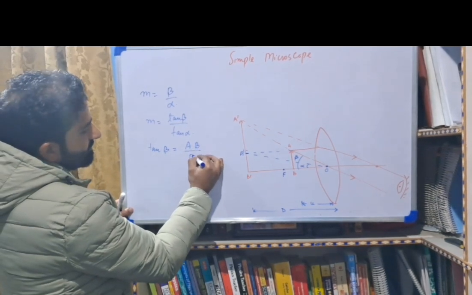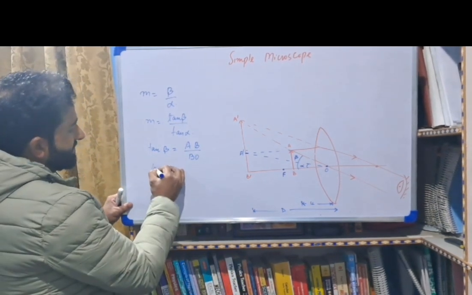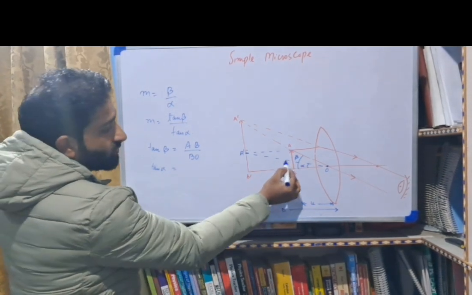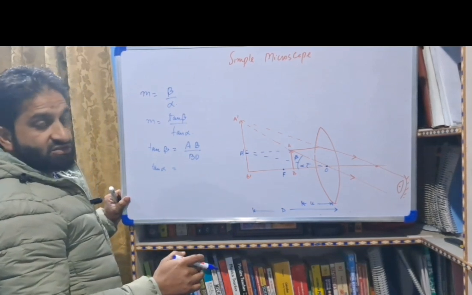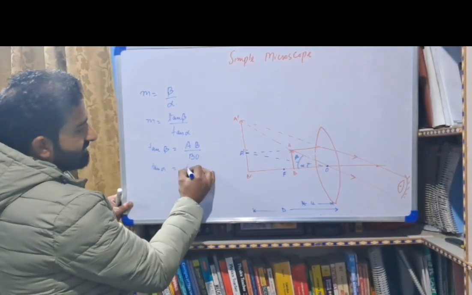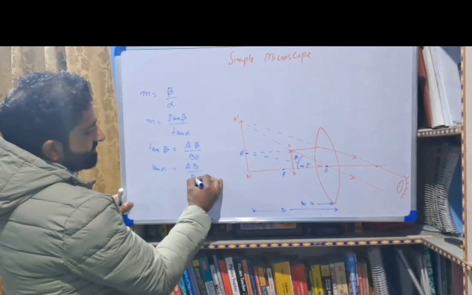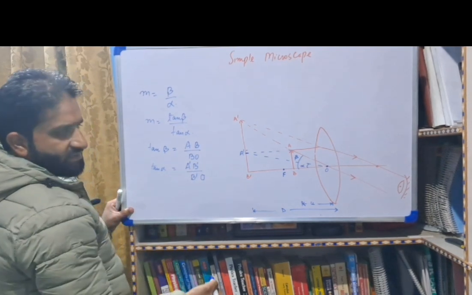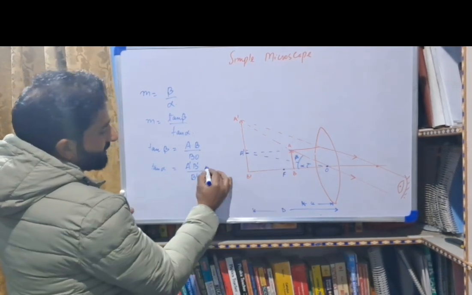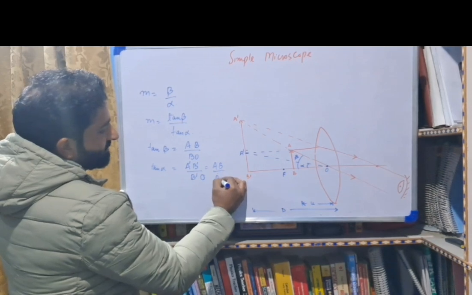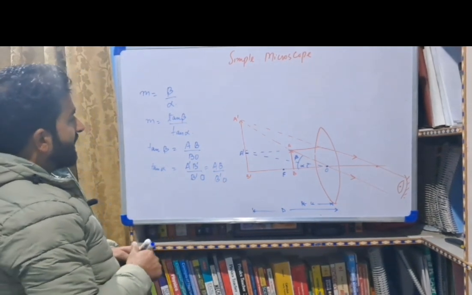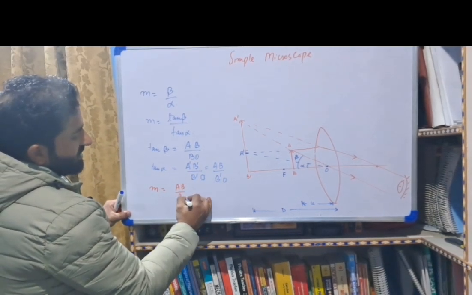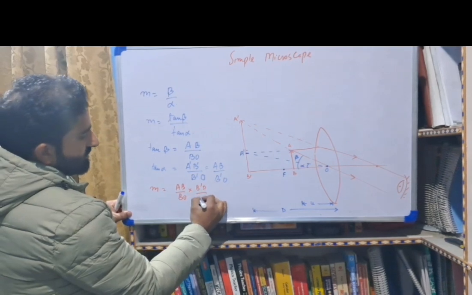From the figure ABO, tan beta is equal to AB divided by BO, and tan alpha is equal to, as this AB is equal to A dash B dash and both are at least distance of distinct vision, AB divided by B dash O, or A dash B dash divided by B dash O, but A dash B dash is equal to AB, that means it is equal to AB by B dash O. Now M is equal to AB by BO into B dash O divided by AB.